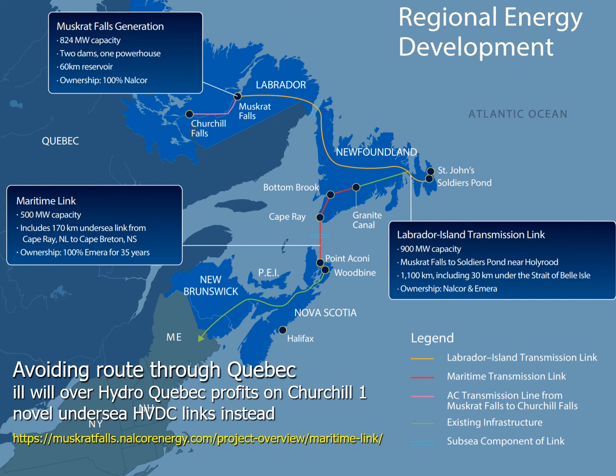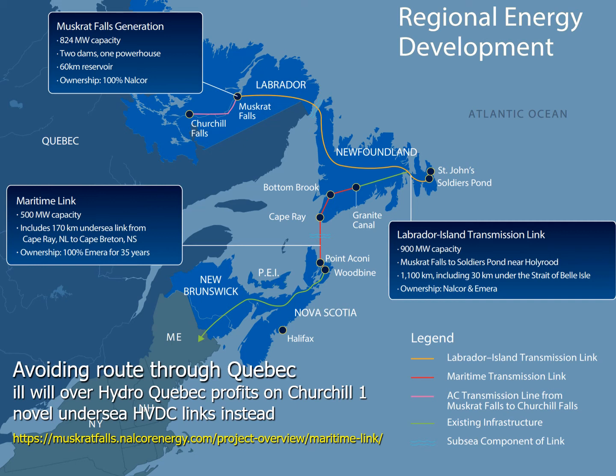The project to take power from Lower Churchill Falls and from Muskrat Falls is not being routed through the power lines that serve the major existing Churchill Falls, that's many decades old, running through Quebec, operated by Hydro-Quebec, and there's political issues behind that.